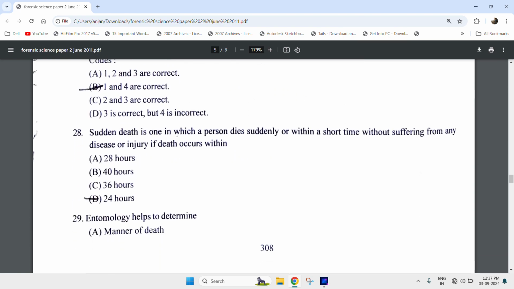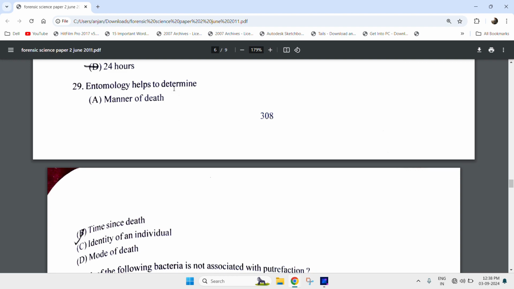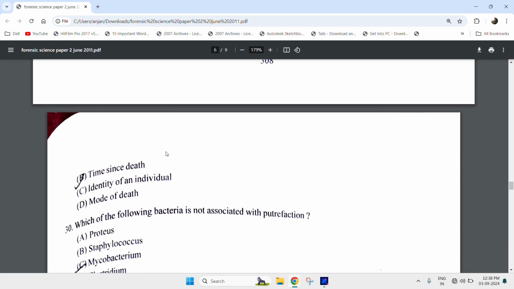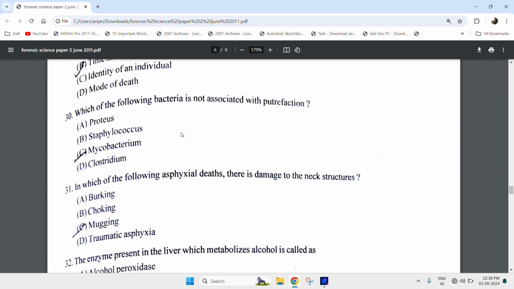Sudden death is one in which a person dies suddenly or within a short time without suffering from any disease or injury, if death occurs within 24 hours. Entomology helps to determine time since death. Which of the following bacteria is not associated with putrefaction?